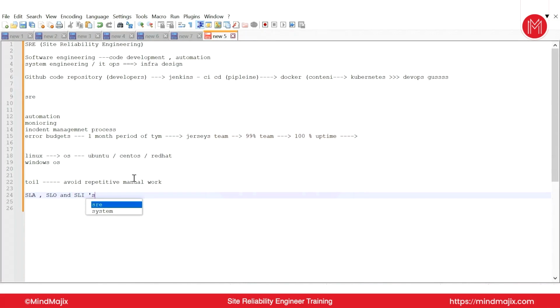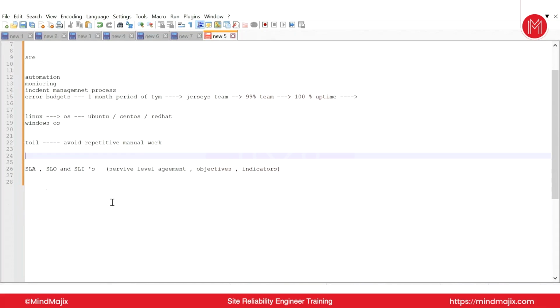Service level agreement, service level objectives, and service level indicators.